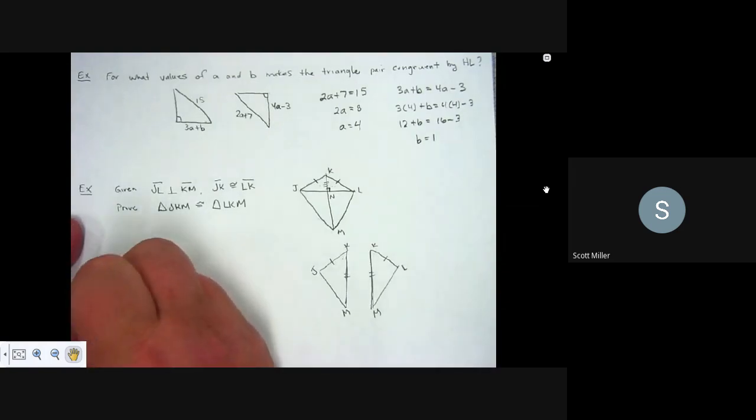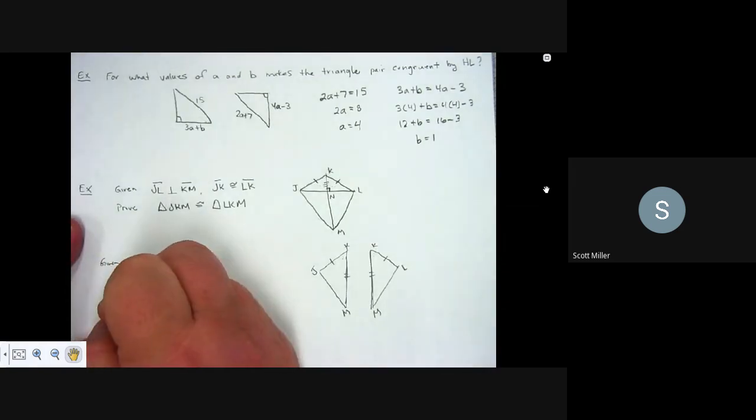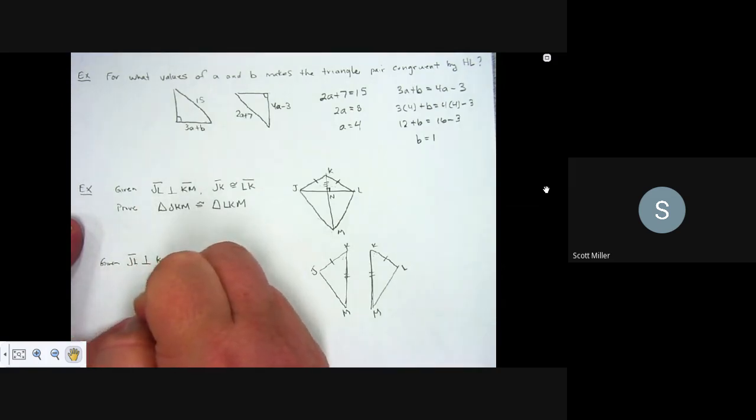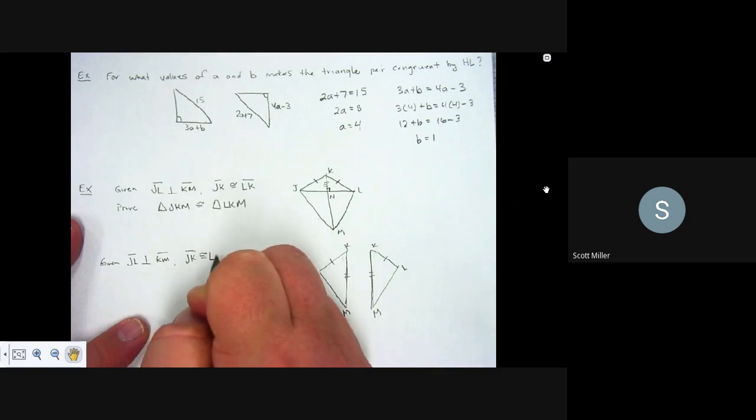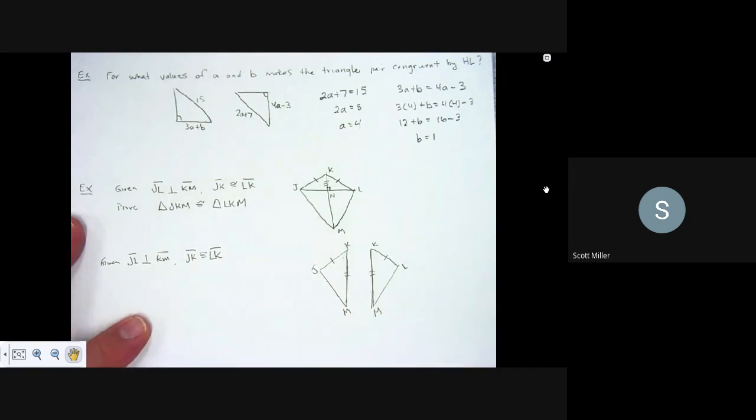You are given that JL is perpendicular to KM. You are also given that JK is congruent to LK. Okay?